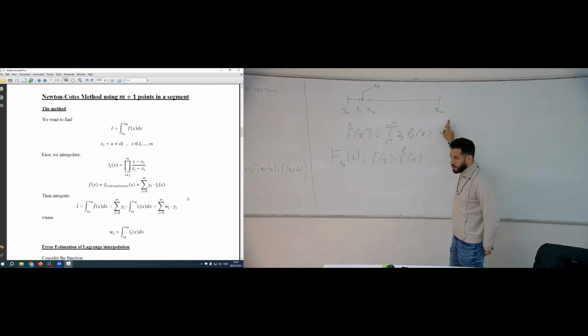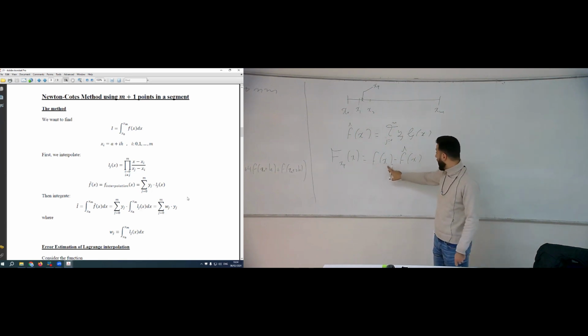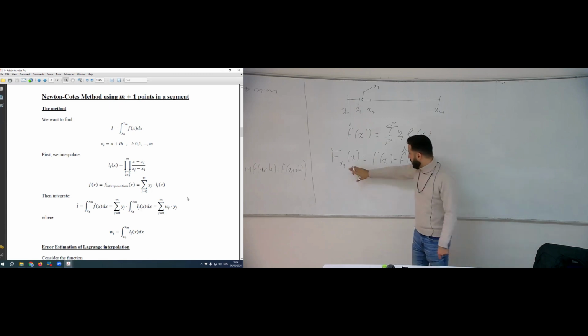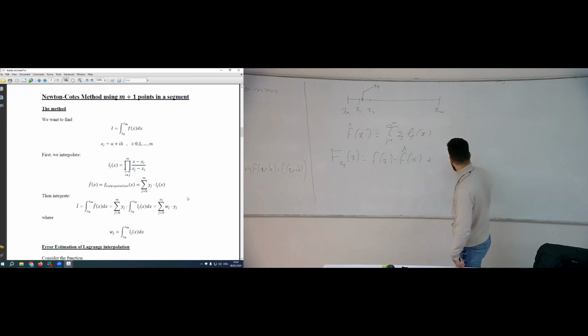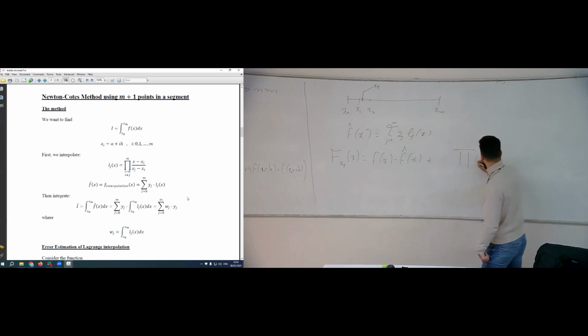What are these zeros? Yes, the x0, the x1, the x2, because f of x equals f hat of x at those points. I know that. So up to now, this function equals 0 at each point of the x. I add another function that also is 0 at each point of the x.